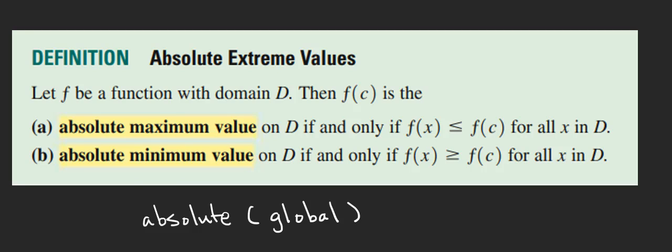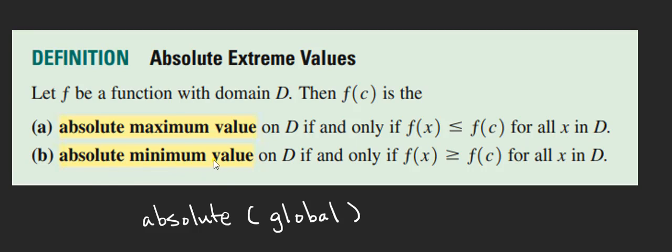In this video, we're going to talk about extreme values of functions. Let's talk about the definition of absolute extreme values. Let f be a function with domain D, then f of c is the absolute maximum value on D if and only if f of c is the highest y value within that domain.